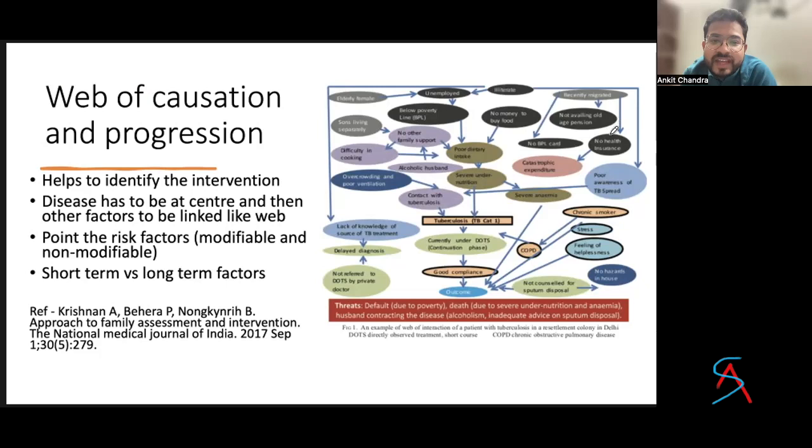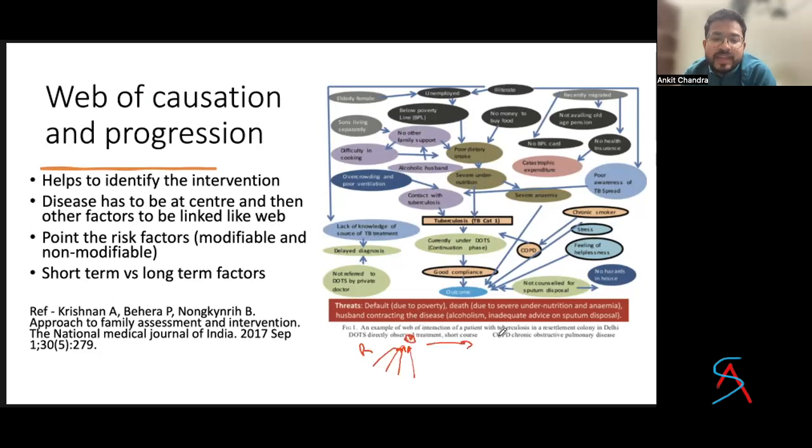He did not have any health insurance. That's why he had a catastrophic expenditure. He had a poor dietary intake and then severe undernutrition, again prone for tuberculosis. So what all are the risk factors which led to the disease? That thing we are looking at.